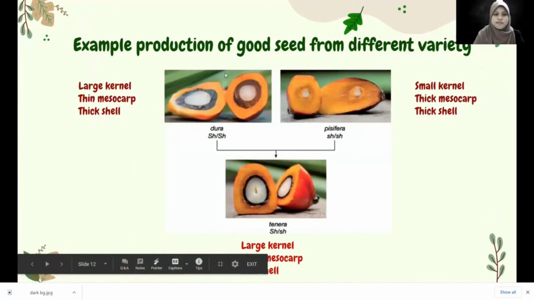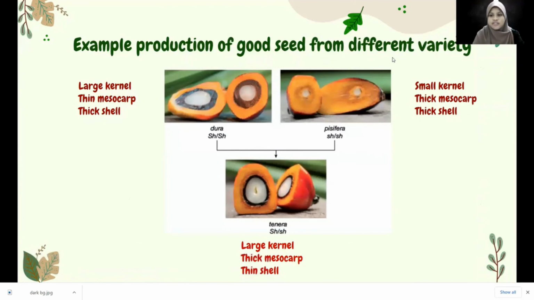So this is an example of production of good seed from different varieties. As you can see, this is the oil palm. This is Dura and pisifera. Dura has a large kernel, thin mesocarp, and thick shell, while pisifera has a small kernel, thick mesocarp, and thick shell.